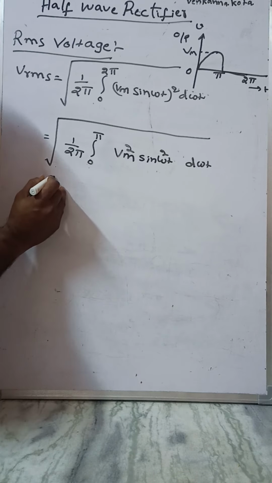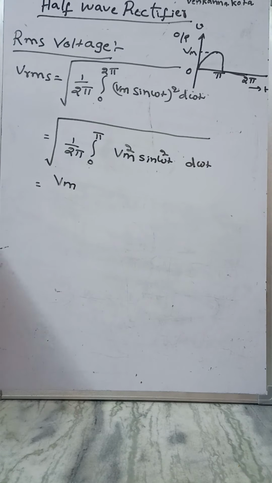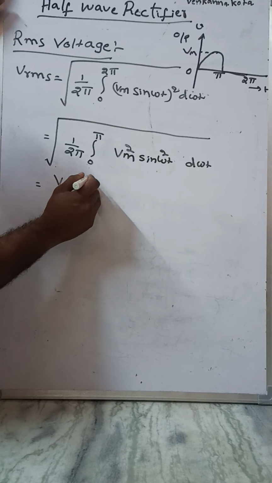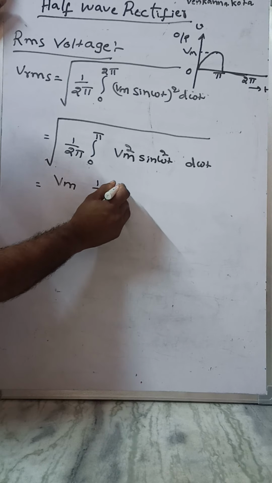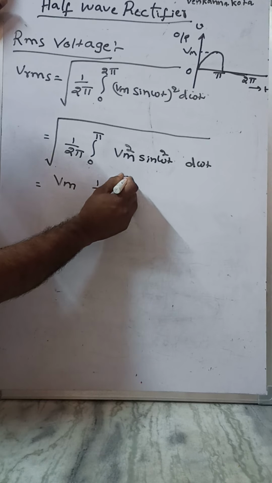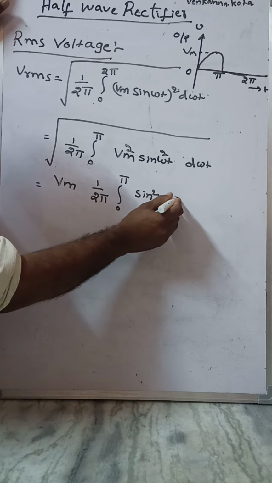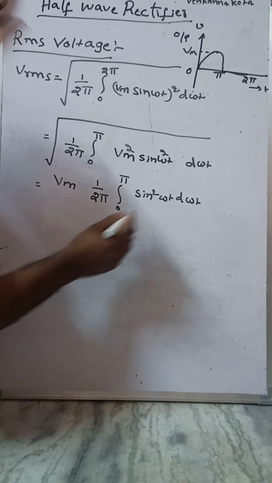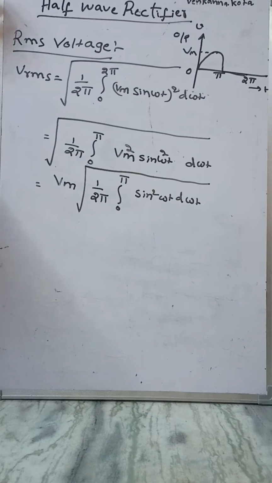So that's why Vm times square root of 1 by 2 pi integration 0 to pi sin square omega t d omega t can be written as like this.